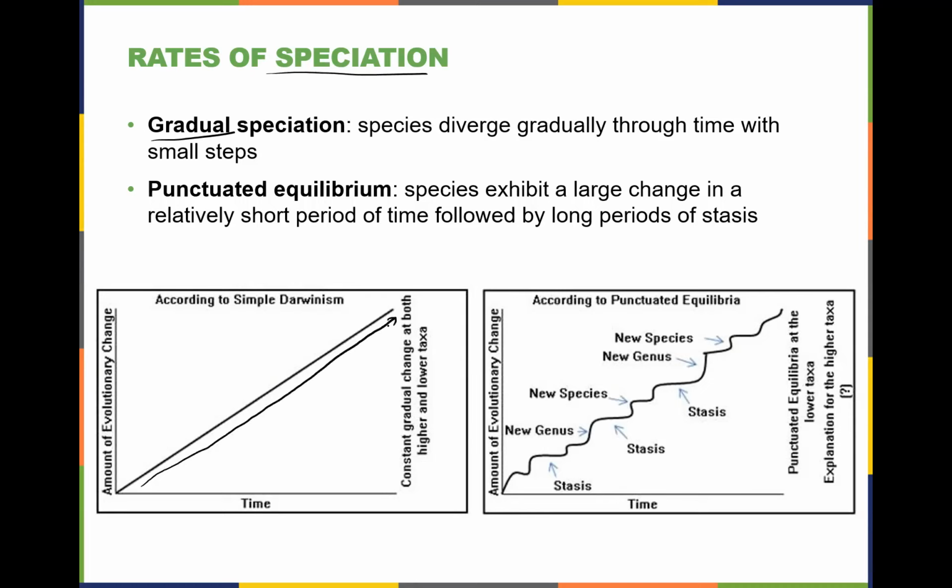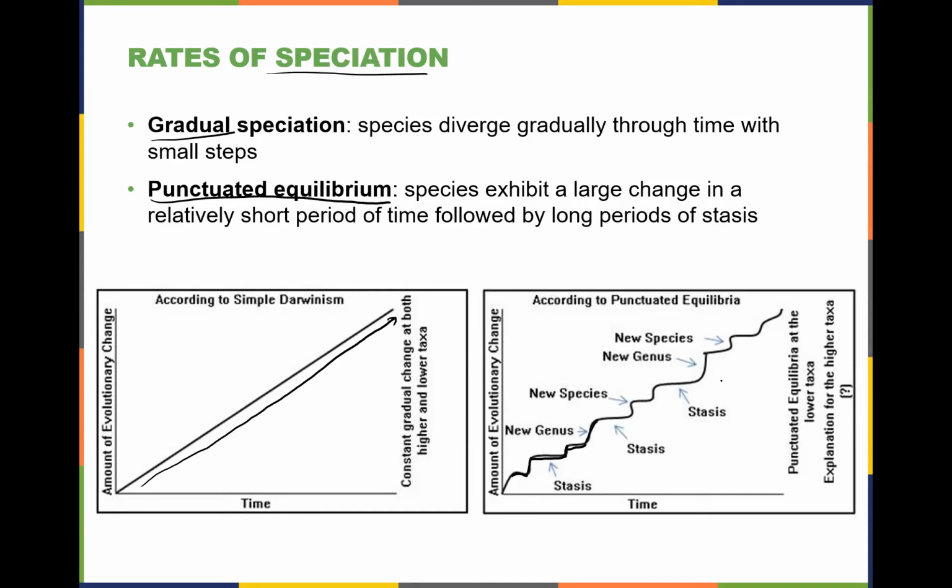Okay. According to other scientists, they say that speciation is not gradual. It will have what we call punctuated equilibrium, which is they change, they evolve, and then after they evolve, they stay for a while, and then they evolve again, and then stay again, and evolve again.